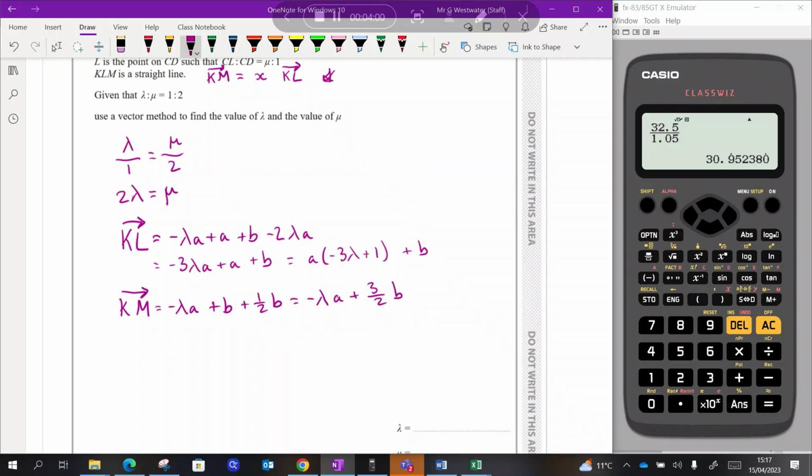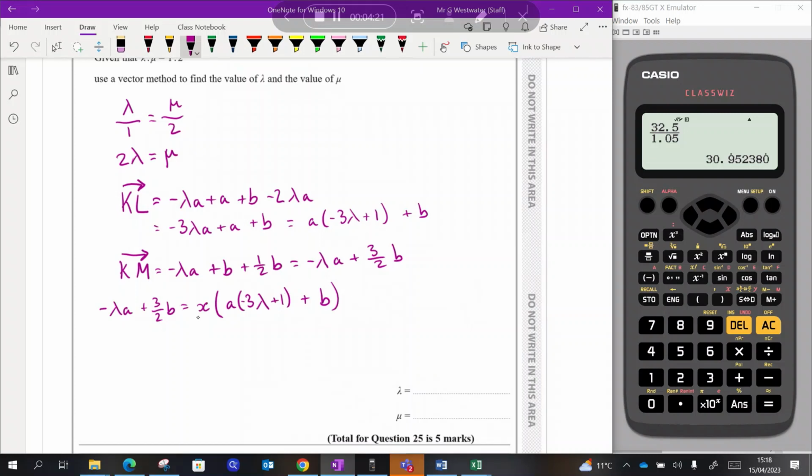Now remember, I know that KM, so minus lambda a plus 3 over 2 b, equals x times a into minus 3 lambda plus 1, plus b. And if we think about these components, well, the b component here, when I multiply this out, means that I have to be left with x equaling 3 over 2.